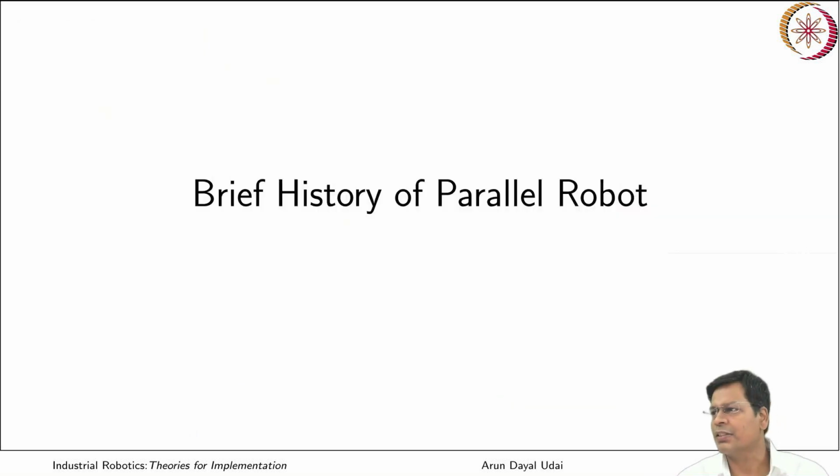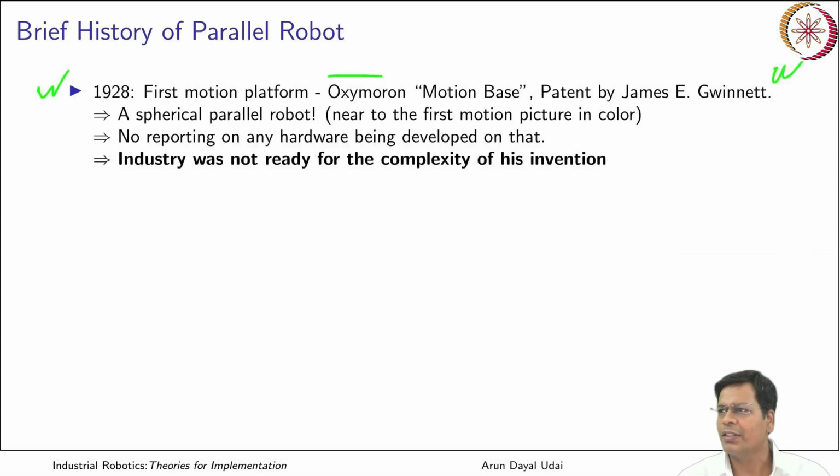Okay, so let us discuss the brief history of parallel robots now. So you see, this is the first platform that was reported, in 1928, okay, which was known as oxymoron, a motion based platform patented by James. So that was nothing but a spherical parallel robot.